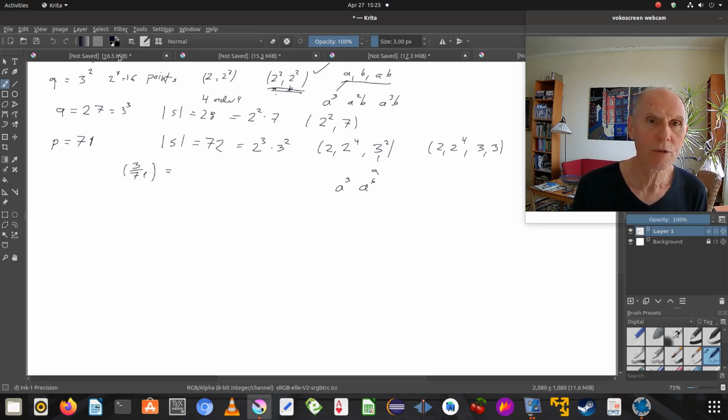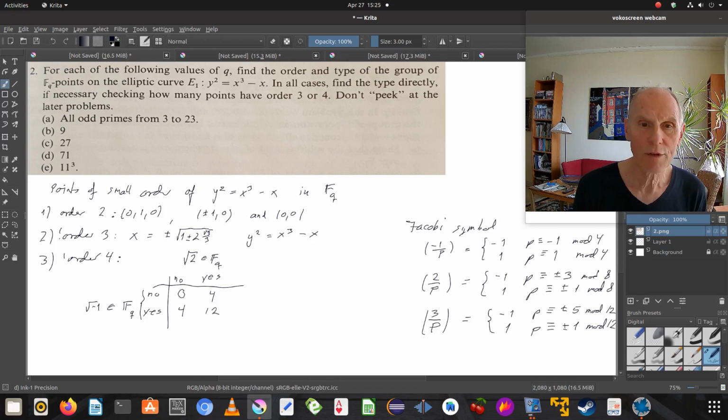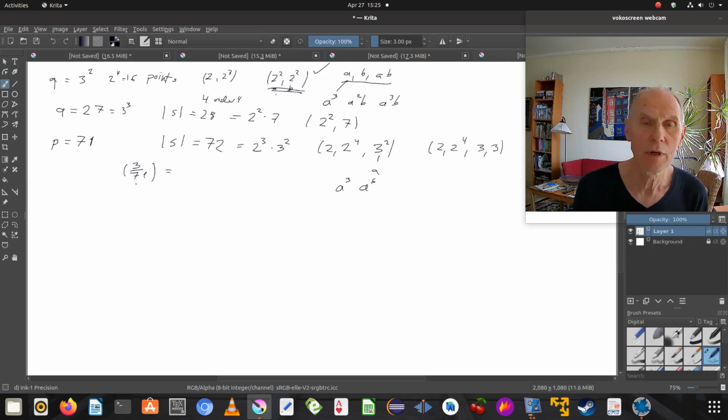And now what was the law there? We have to take the modulus with respect to 12. Now we have 72. So square root 3 lies.